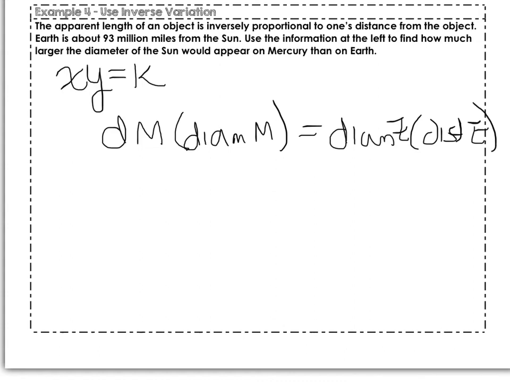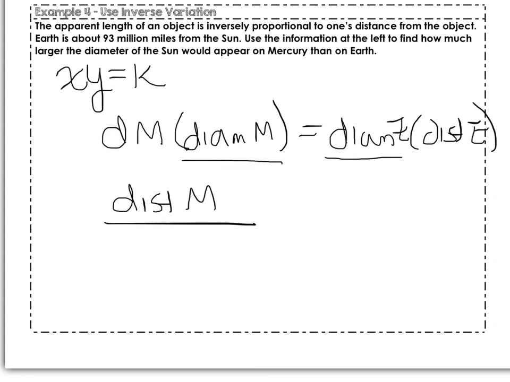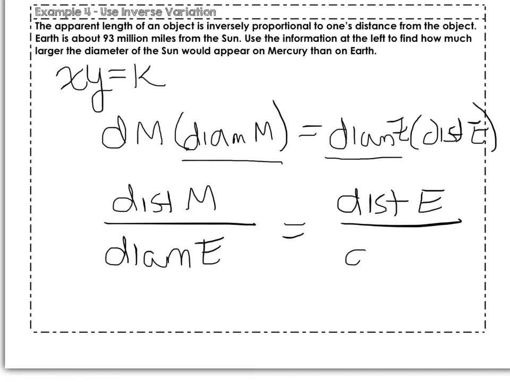This relationship will be the same, okay? That's what they're saying here. But what they do to break it up is they're going to divide both sides by this diameter portion here, okay? So that's why they end up with this equation of distance from Mercury over diameter from Earth is equal to the distance from Earth over the diameter of Mercury.